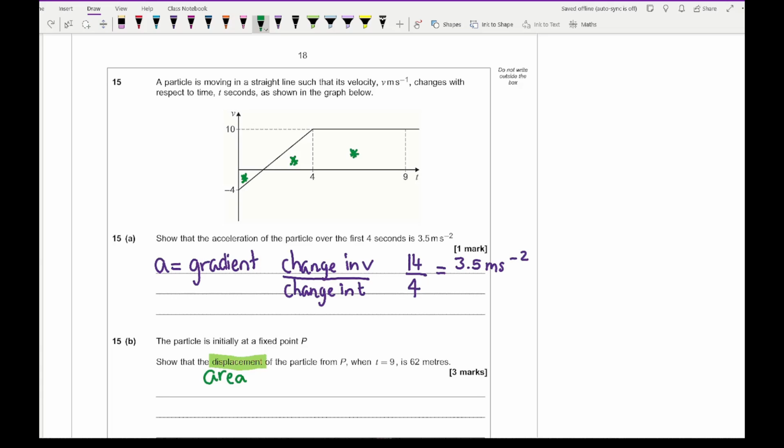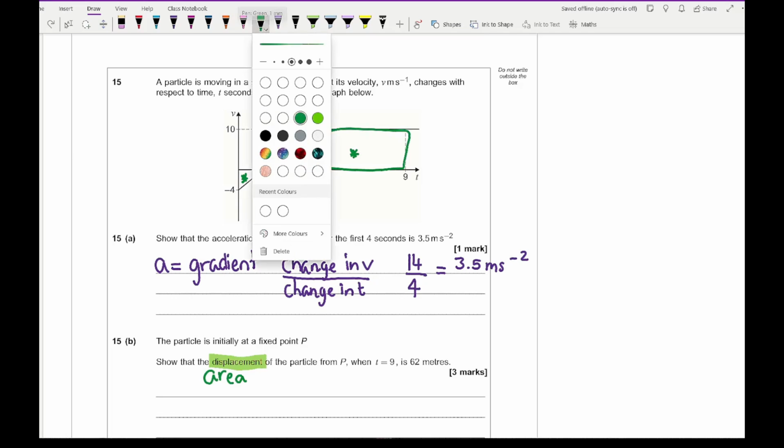Or we may wish to find the area of the triangle and all of the trapezium together. So the triangle and the rectangle here make up a trapezium. So we could work out the area of this trapezium and the tiny triangle.